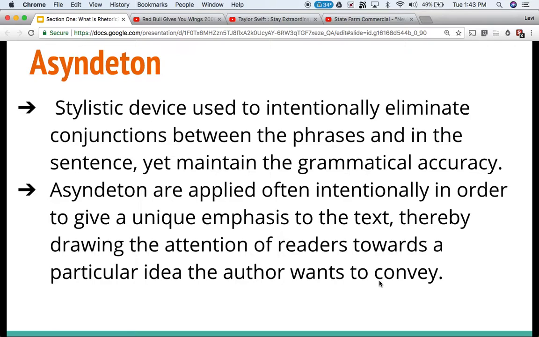The reason you would do that is that if you have a conjunction in there, sometimes the meaning behind the words gets lost, and you don't focus on the words that you want to get focused on. And so it adds a little bit of emphasis. It adds a little bit of a this is what I'm trying to get across.